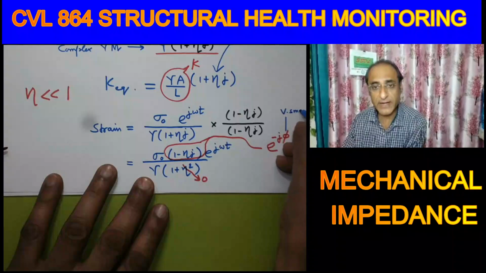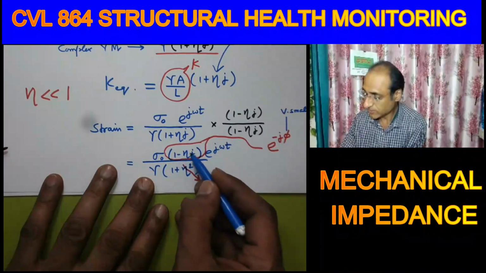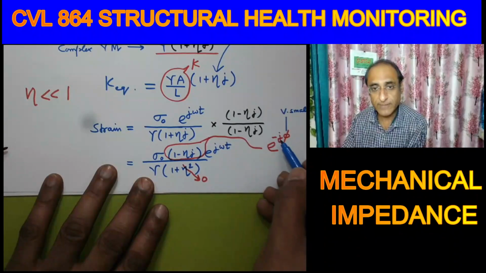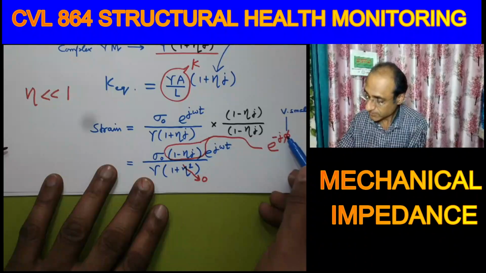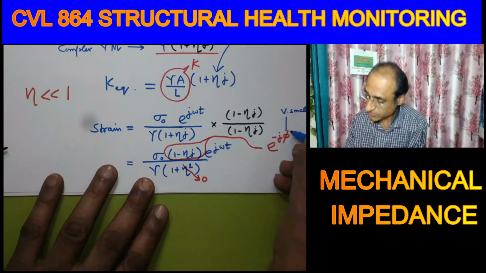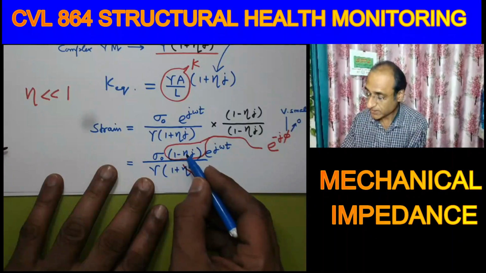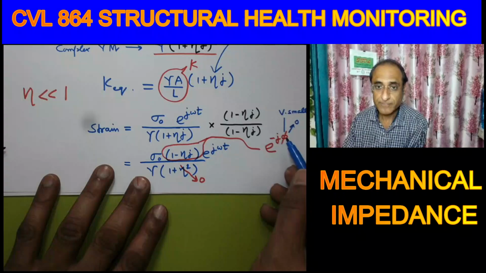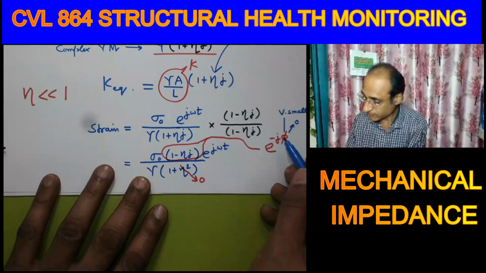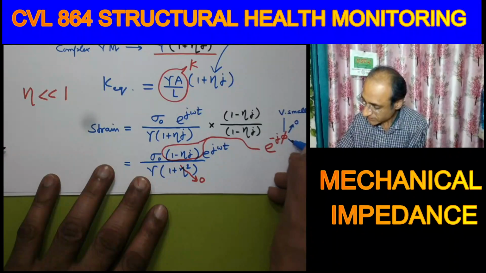So when you expand e to the power minus jφ, you will get 1 minus ηj, because cos φ will be 1 since the angle is very close to 0. And sin φ will be equal to just η itself. So in fact, this φ will be equal to the value η itself.